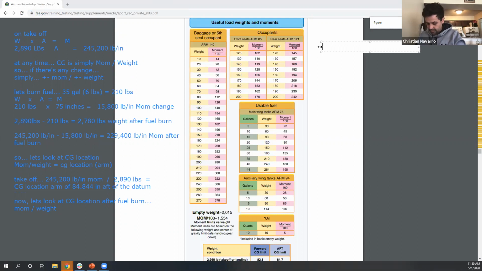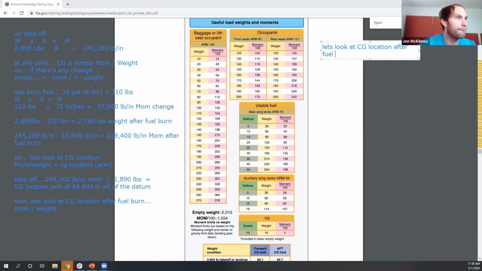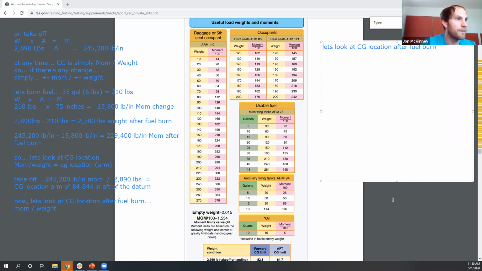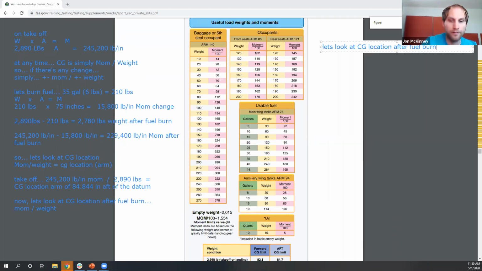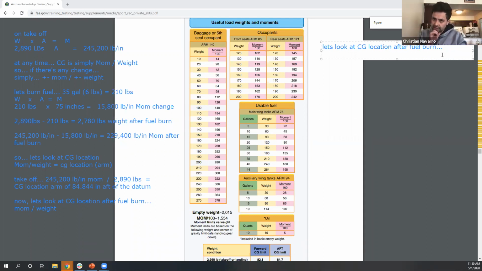Okay, so now let's look at CG location after fuel burn. All right, we got ourselves a nice window to work with. And that would tell you whether it moved left or right, correct? Left or right, it should move forward or aft. Forward or aft, yeah.